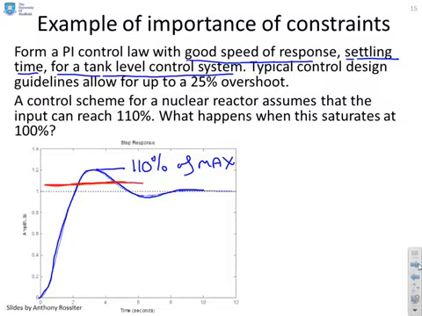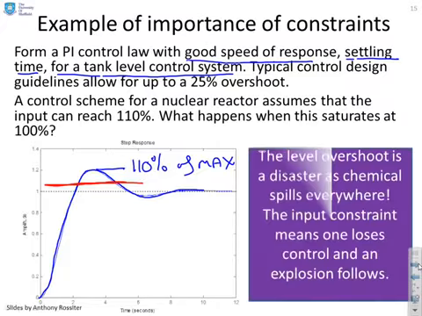You'll have a saturation. And what happens when this saturates if you've got a nuclear reactor or something of that nature? Okay, then you could have a disaster, because you could have chemical spilling over the tank. You could have the reactor that you can't cool down and it blows up. So you must include this constraint in the design of the strategy at the outset.